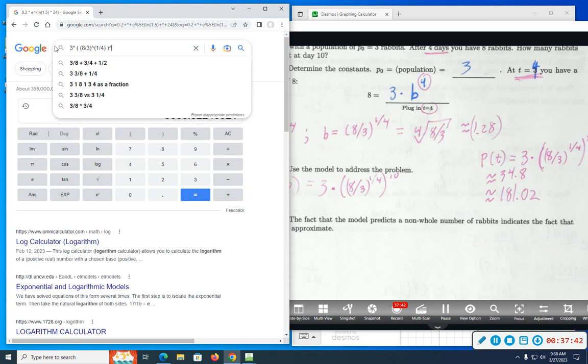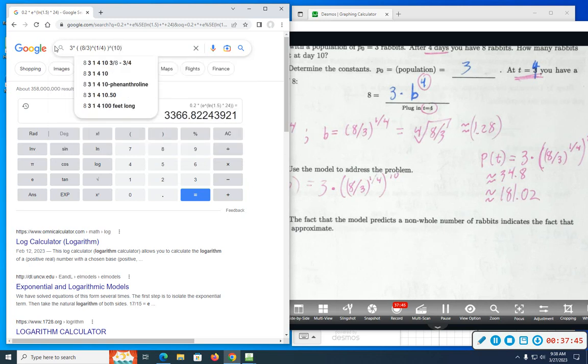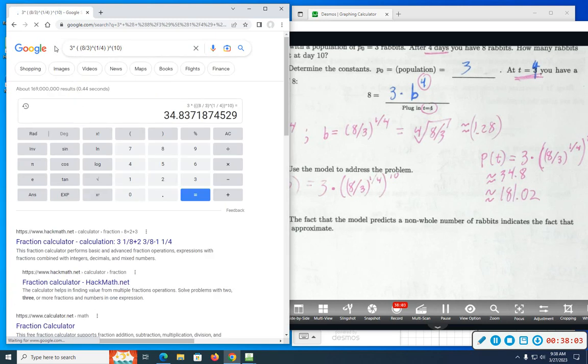And then I need to raise that to the 10th power. Well, I guess the 10 doesn't need to be in parentheses because it's just a single number. I'm in that habit because of the formatting tool that I use. If I say upper caret 10, it will think only the 1 is in the exponent and then the 0 will be on the bottom. You don't need to know that. I think I get the same as what you all know.